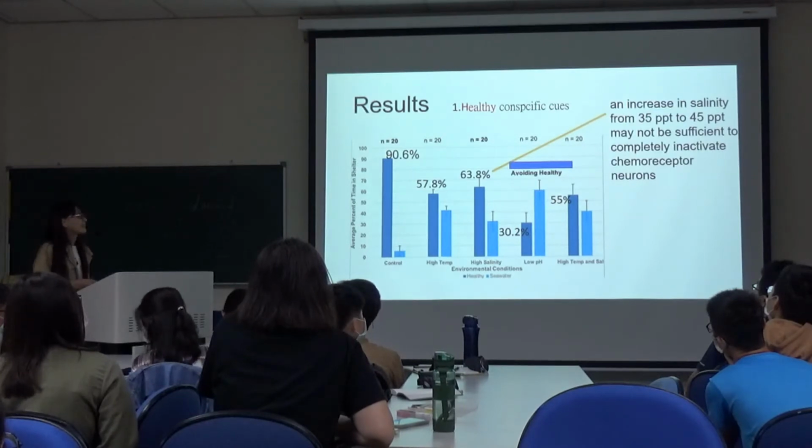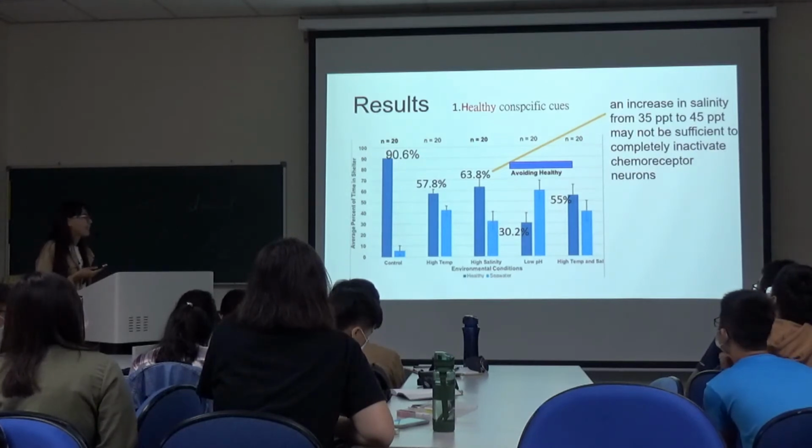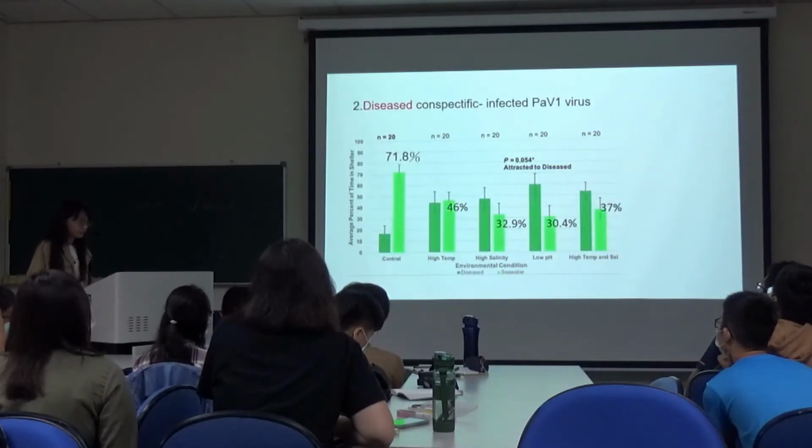But the high salinity, an increase in salinity from 35 ppt to 45 ppt, may not be sufficient to completely inactivate chemoreceptor neurons.